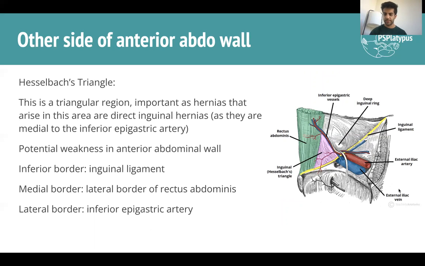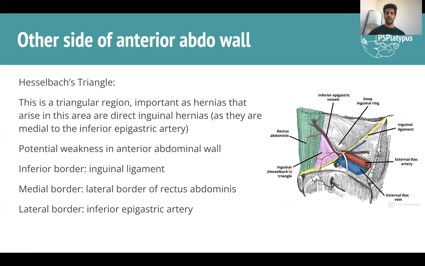So I would say this is around your ASIS area or your hip area. So between the right side of your six pack and the hip, that region. Obviously it's bilateral as well, but for this region, it's on the right side. You got this triangle region highlighted in pink, and it's important because it's a weakness in the anterior abdominal wall.